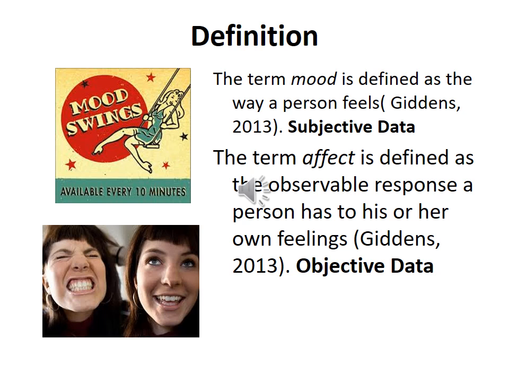Okay, so our definition, mood is related to the way the person feels. That's subjective, right? I'm going to tell you, I feel great. I'm in good shape today. That's what the patient's saying. The term affect is the observed behavior, what we're observing, nonverbals, things like that, our objective data.